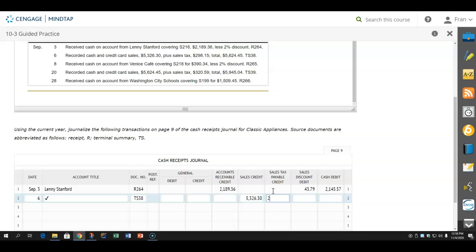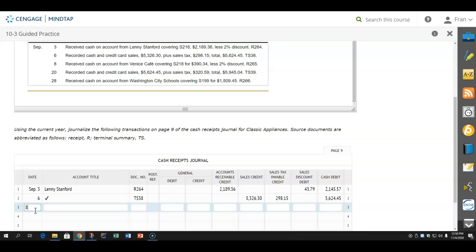So that's going to go in here, $298.15. And it's nice because it did all the math for us. So the total cash that we took in that day was $5,624.45. So we didn't have to do any math on that one. Okay, we just have the sales tax payable, and the cash. Now, if they didn't give us the cash amount, then we would know that we would have to have added these two together, the sales and the sales tax.